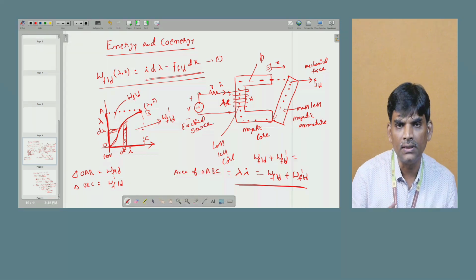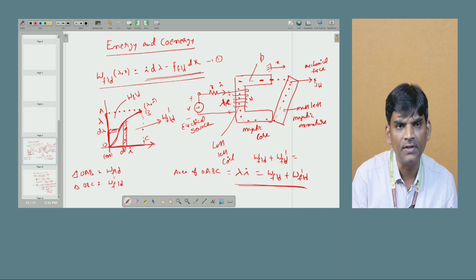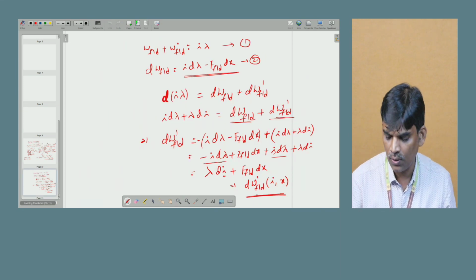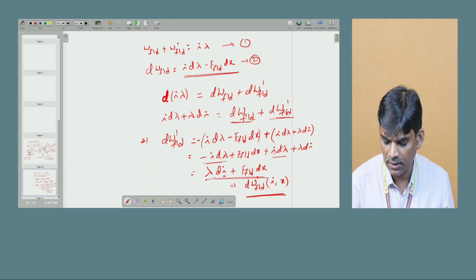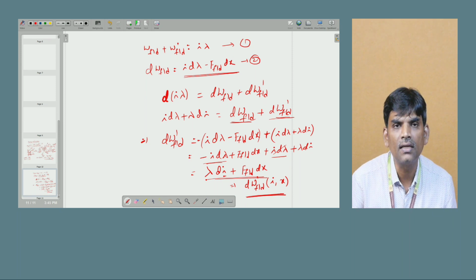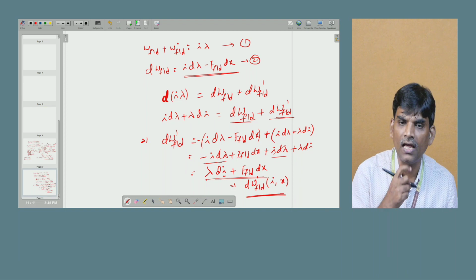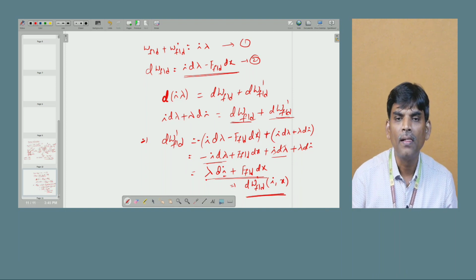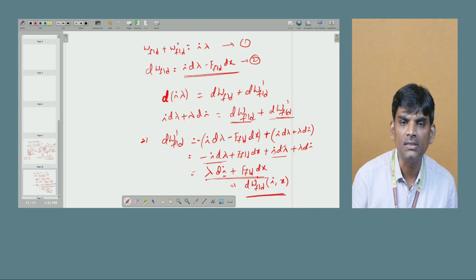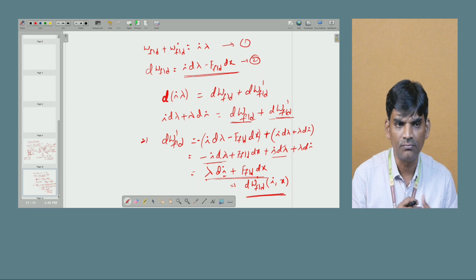But it is purely mathematical: we compare this, one is the field energy, and the other we get is the coenergy. Coenergy is also one term we get: λ di plus F_fld dx. Here the coenergy is a function of I and energy is a function of lambda. So sometimes, using coenergy, the torque or force is easily calculated in particular calculations.